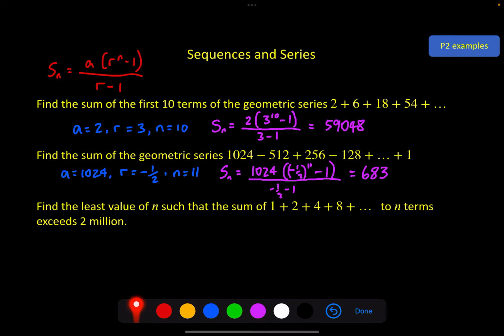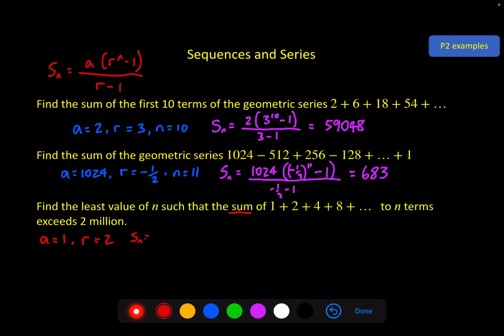Get rid of that to give me enough room to write this answer. So again, let's just write down the information we've got. A is 1, r is 2. The sum, not the first term like we had before, but the sum needs to exceed 2 million.